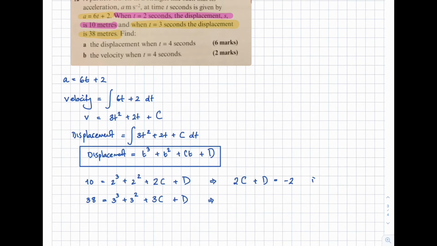That's equation number 1 that we've just ended up with. Similar here, 3 cubed is 27, 3 squared is 9, 27 plus 9 is 36, and 38 minus 36 is 2. So we end up with 3c plus d is equal to 2, and that's equation number 2.